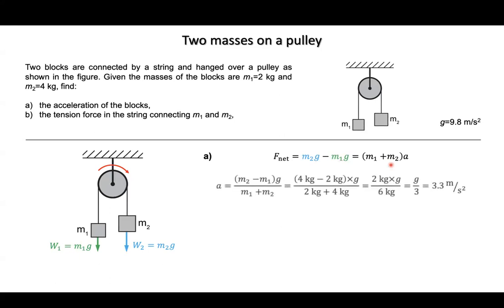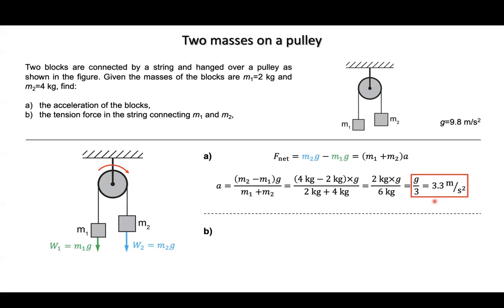From here, we can easily find the acceleration by dividing both sides by M1 plus M2, and by substituting the given values of the masses, we find acceleration to be equal to g over 3, or 3.3 meters per second squared.